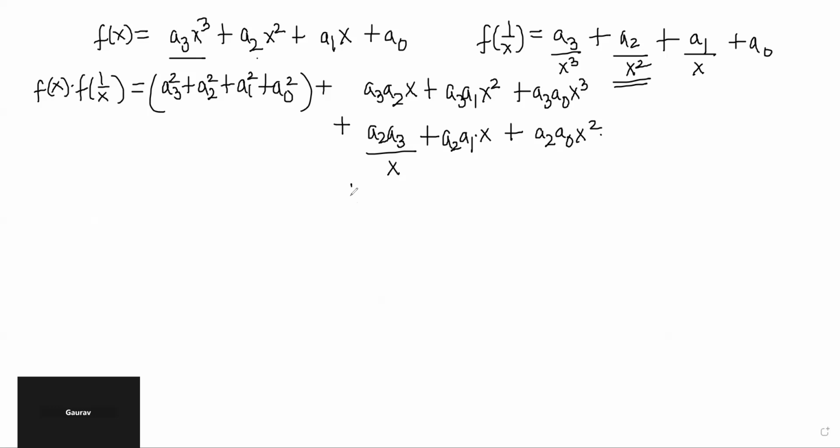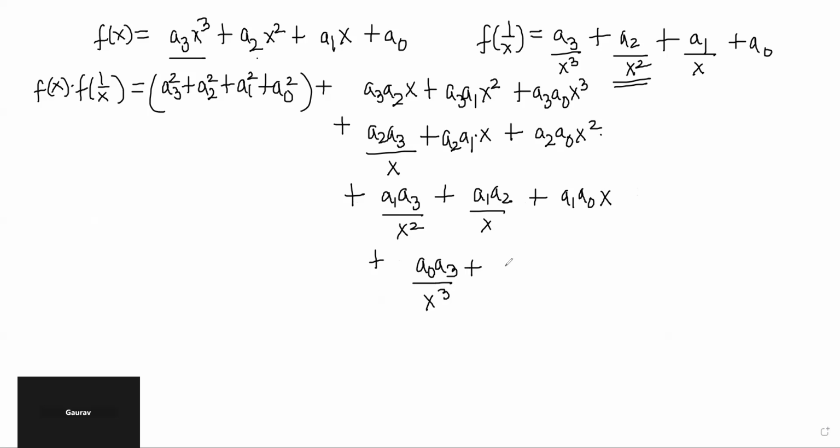Plus you're getting a1, a3 by x square plus a1, a2 by x plus a1, a0 x, right? And finally, you get a0, a3 by x cube plus a0, a2 by x square plus a0, a1 by x, right?